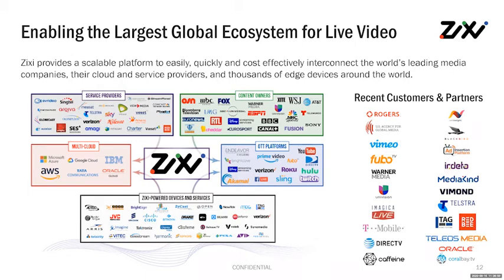USAGM, which is the government agency that has been in the news quite a bit lately, but does Radio Free Europe and a lot of video work. Fubo, Warner Media, Univision, T-Mobile.